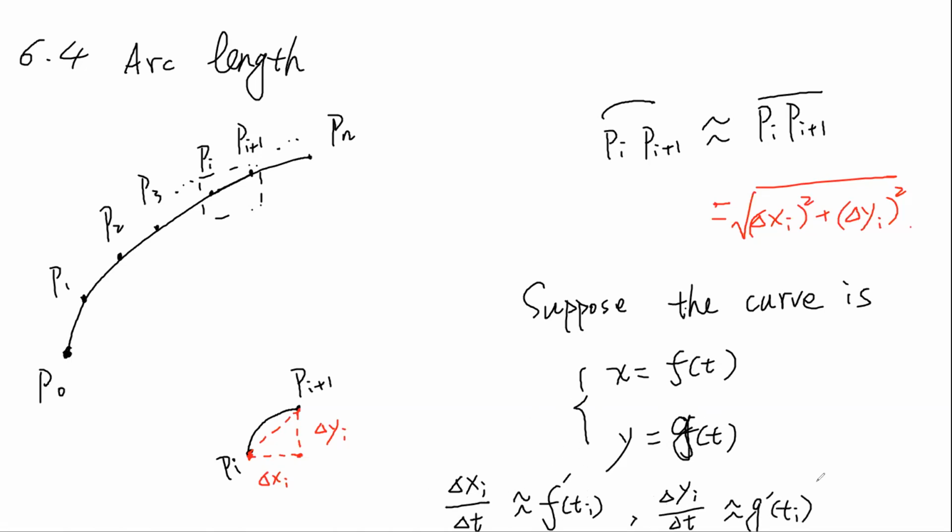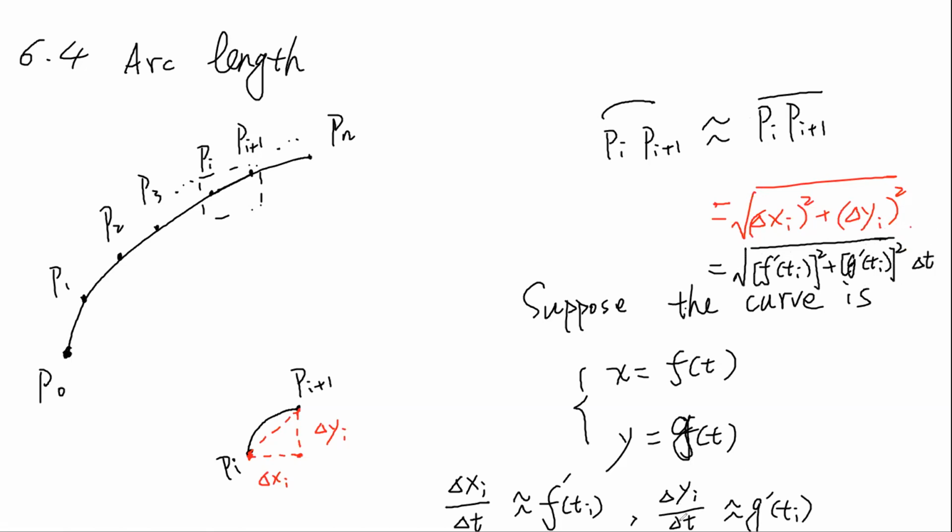Once we have that, we can replace this expression in terms of t_i and get the square root of f prime t_i squared plus g prime t_i squared, with a delta t outside.